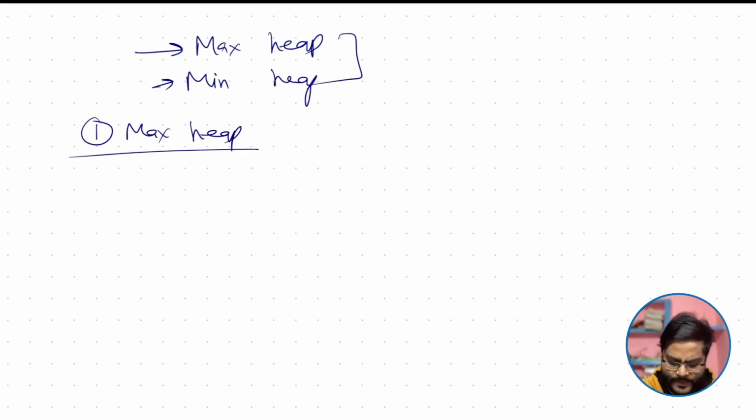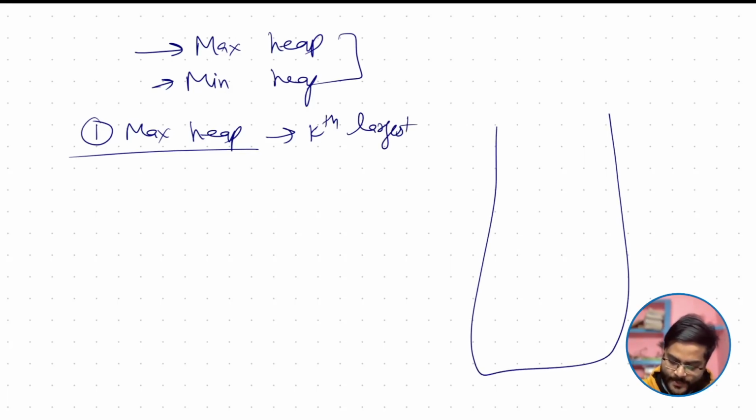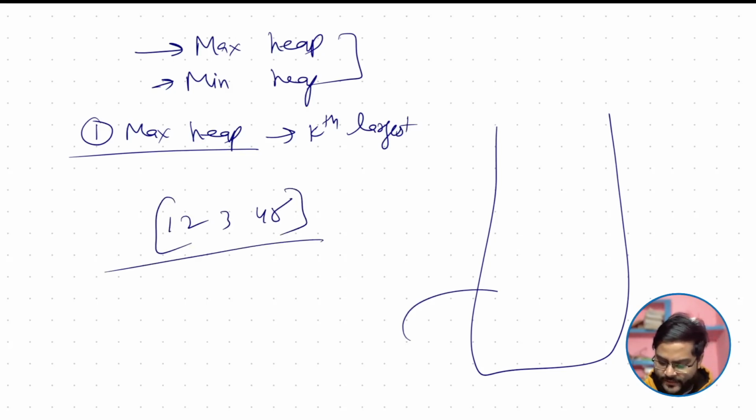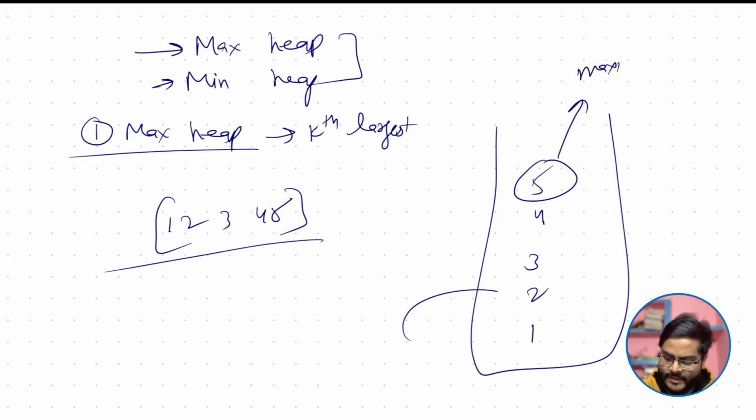In max heap, I want to find kth largest. What I can do is simply put all the elements here. So we have 1, 2, 3, 4, 5, and we will push 1, 2, 3, 4, 5, something like this. The top element will always be the maximum.